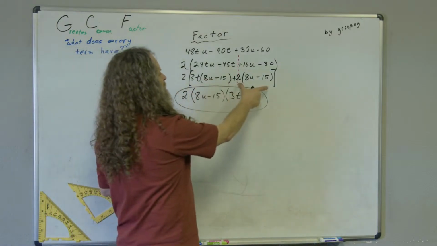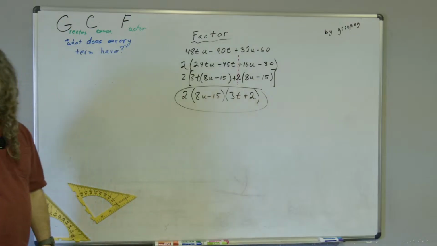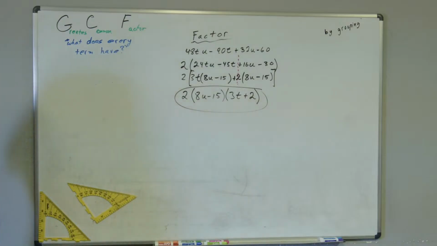You're very distracted with that cord. You should put the cord away, possibly move seats. So we have 2 times the parentheses 8U minus 15, and then the parentheses 8U times 8U minus 15.